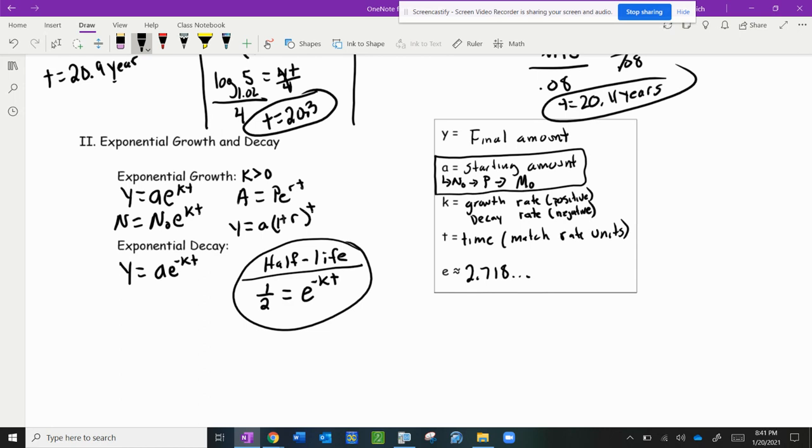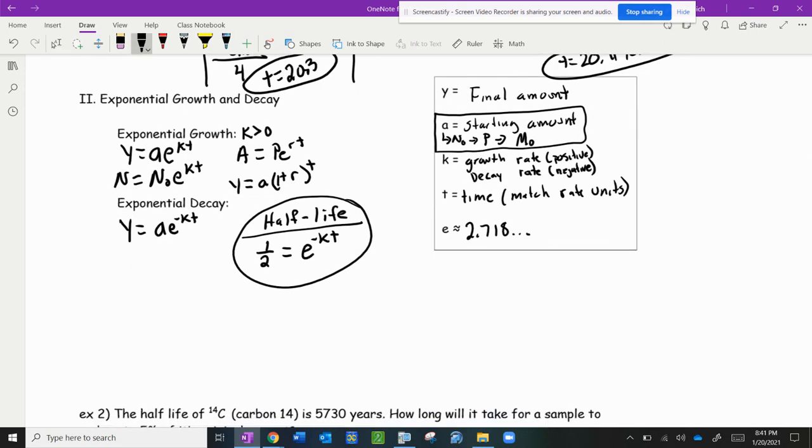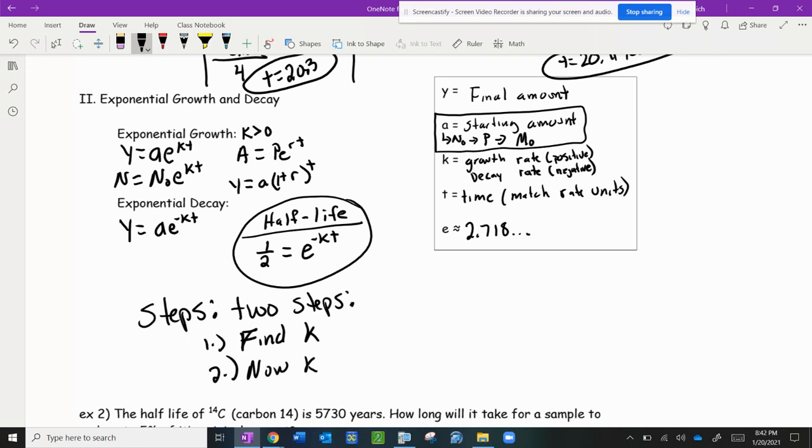So usually these are a two-step process. Usually you're always going to first find k, and second, use k to answer the question.